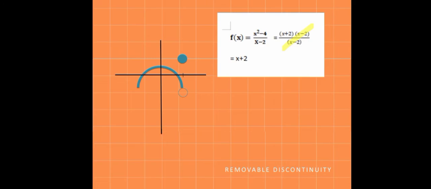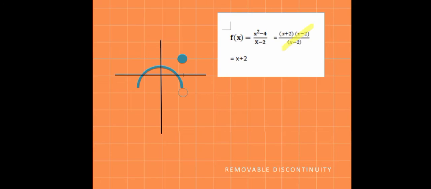So to make it a continuity, we factor the numerator, giving us the quantity x plus 2 multiplied by the quantity x minus 2, and we copy the denominator. Given that there is an x minus 2 in both the numerator and denominator, we can cancel it, giving us x plus 2.